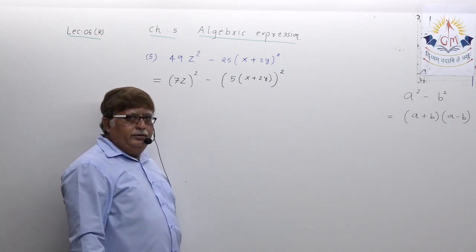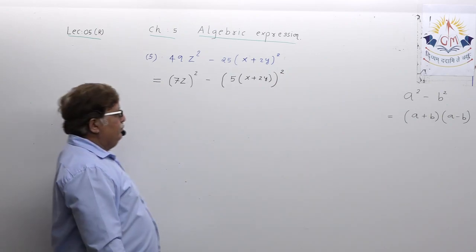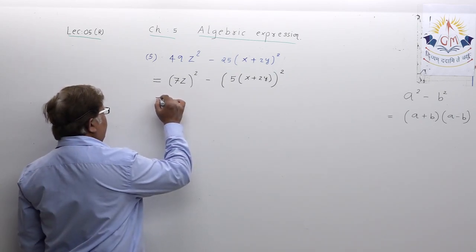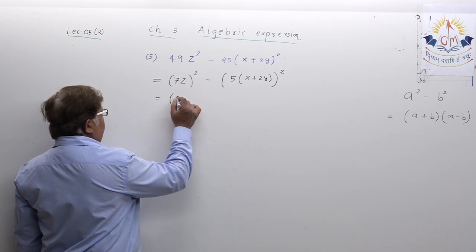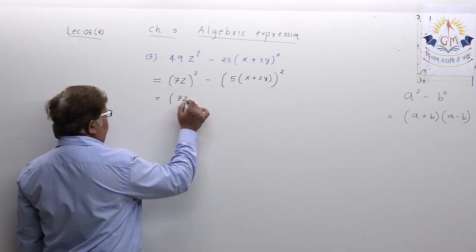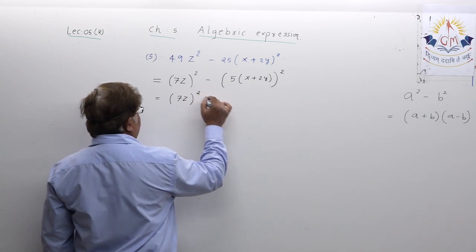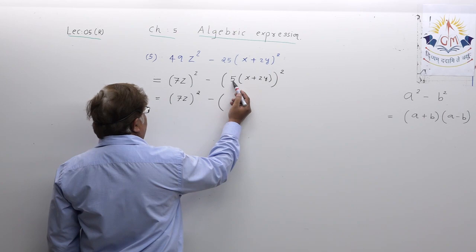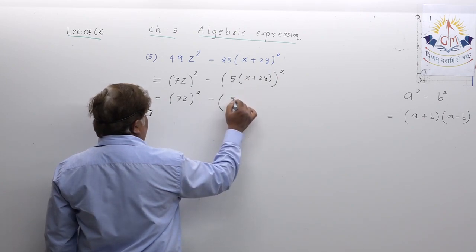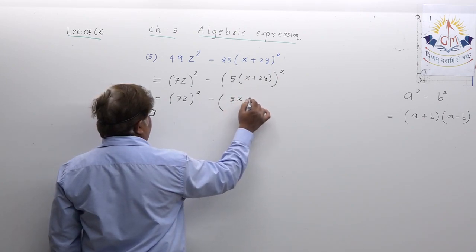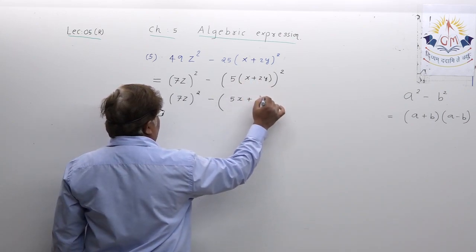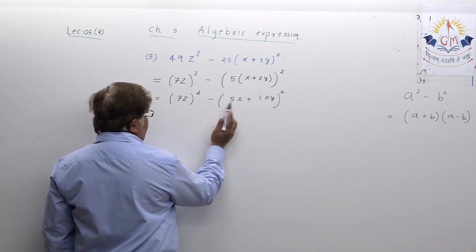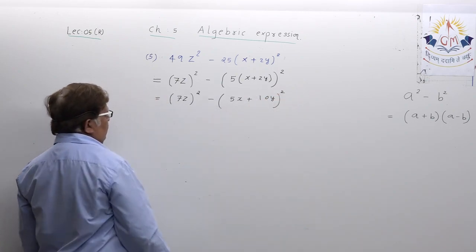Are you understanding? Okay. Next step, dear student. This is as it is. Now open the bracket. This is 5x plus 10y whole square. Is it clear up till this?